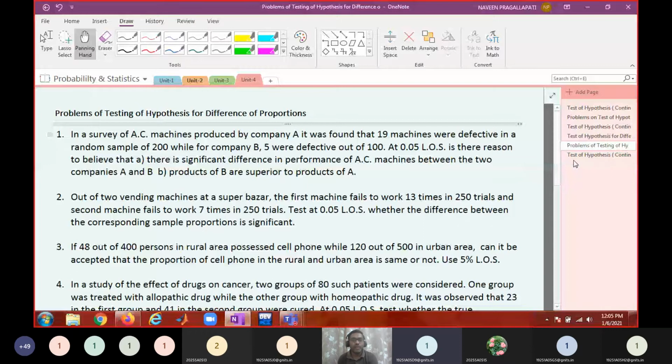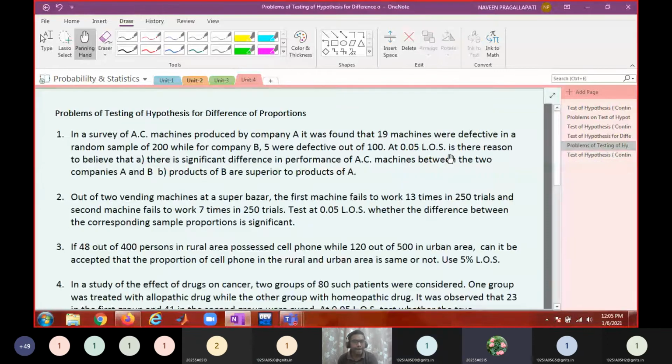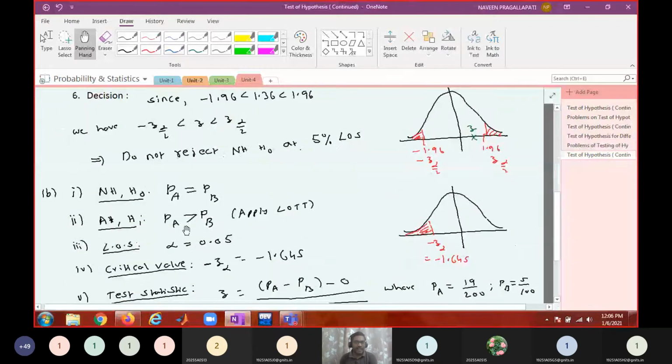Got it. That means, how should I frame here? It is PA greater than PB, sir. It has to be PA greater than PB. So if it is PA greater than PB, then this is not a left one tail test.